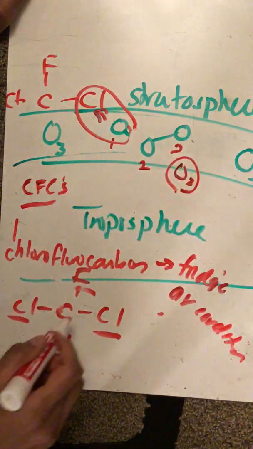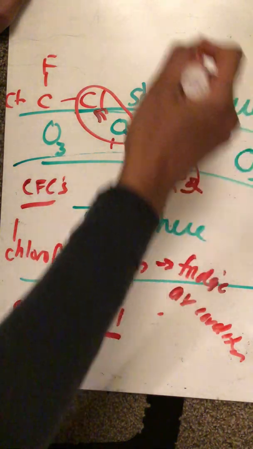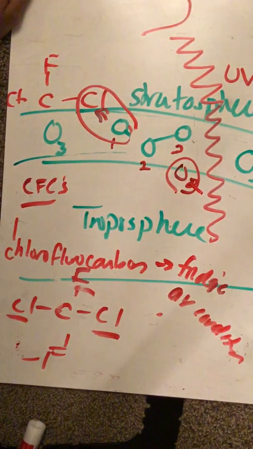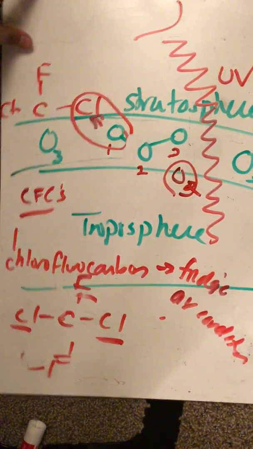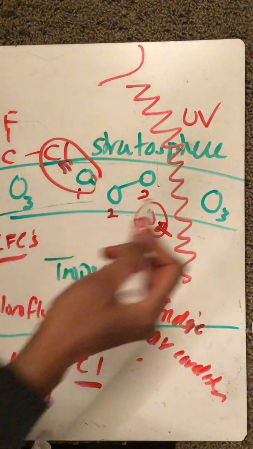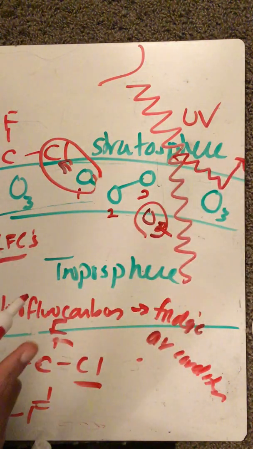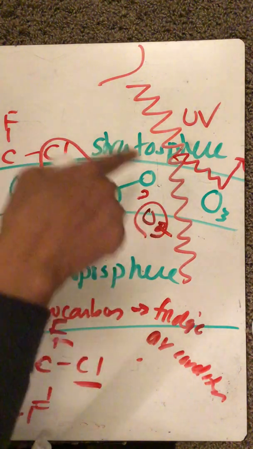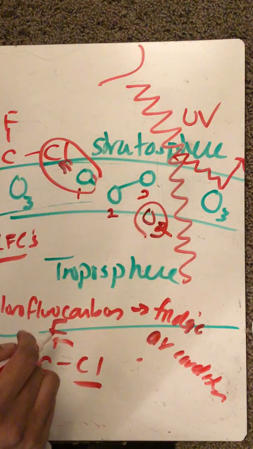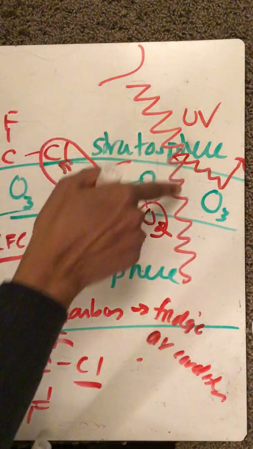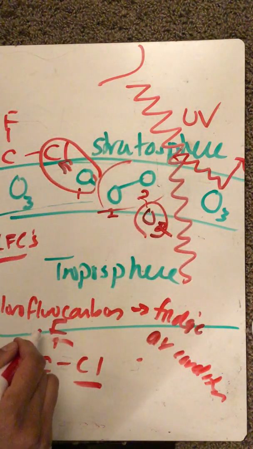And if O3 becomes O2, then the UV radiation is allowed into the earth. Because this O3 blocks the UV radiation, okay? The O3 blocks it, and so harmful UV radiation can't come in. But if you're O2, you don't block it and the radiation comes in, right?